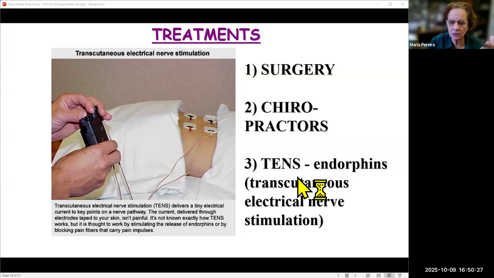So here, you're not really treating the condition, you're just preventing the pain. So surgery and chiropractors, you might be able to improve the condition, but this approach is just inducing the release of endorphins that are pain relievers. They're not aspirin because they're not an acid, they're a hormone that is released inside our body that prevents pain.